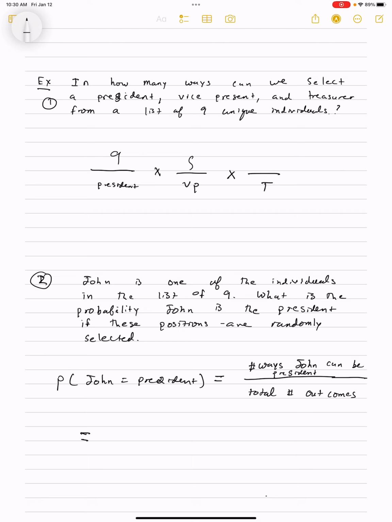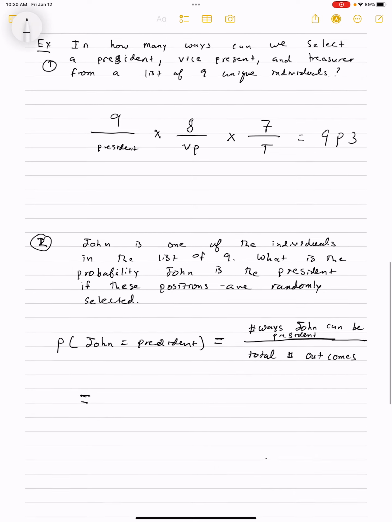For the vice president, there's one less because one was selected as president, and for treasurer, there are 7. This is going to be 9 permute 3. 9 individuals, we are selecting 3 of them. Notice order matters because, for example, being president is different than being vice president or treasurer.